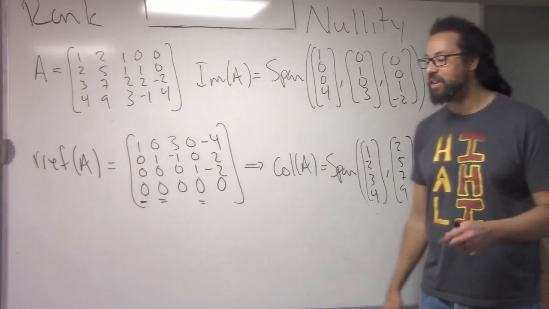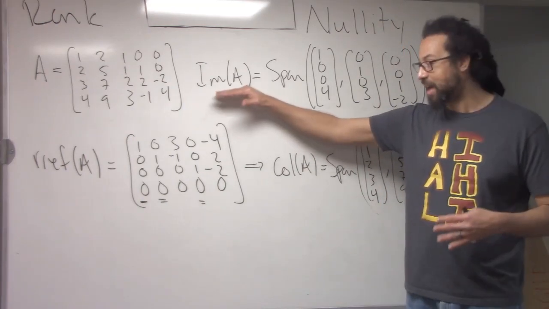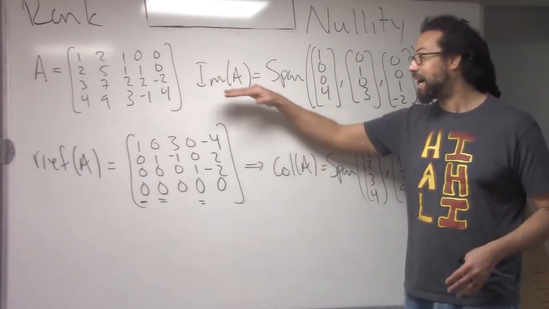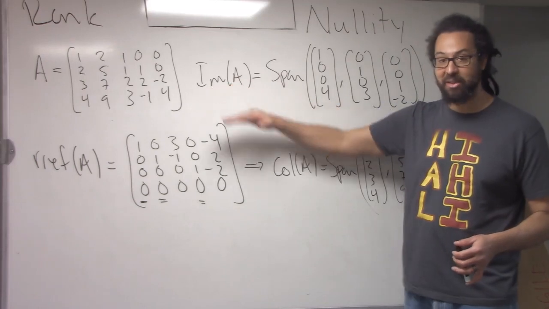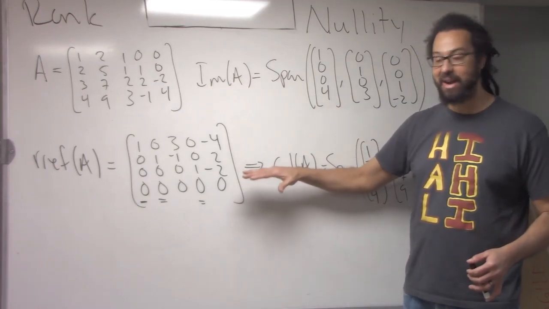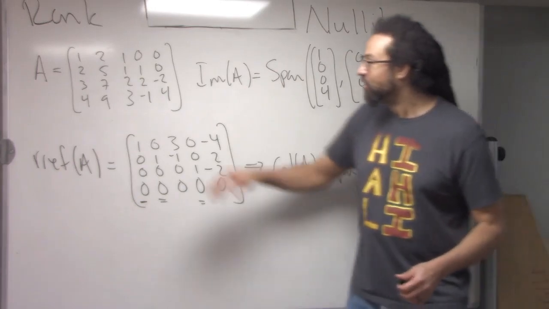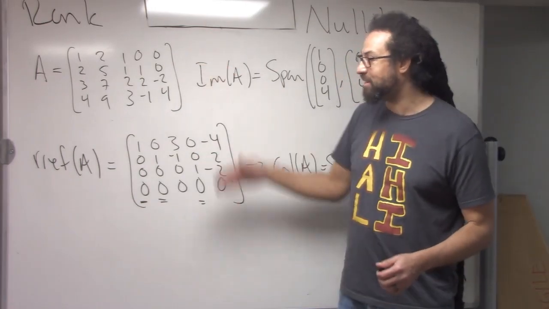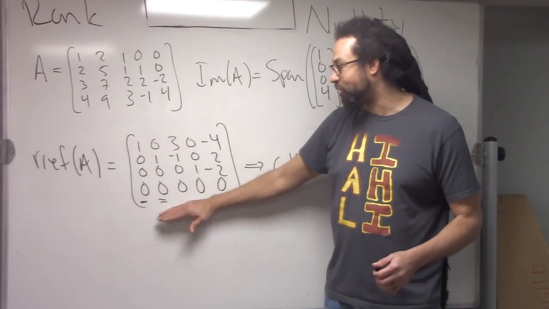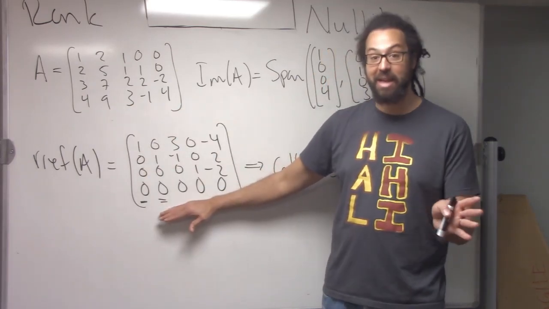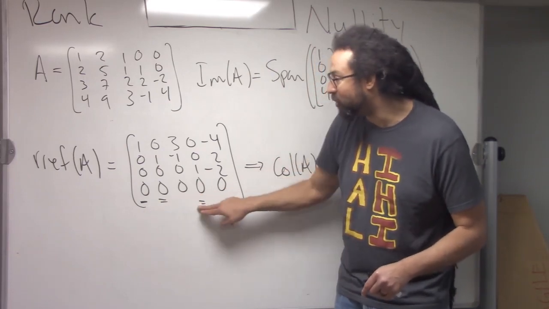So here's an easier way to find the image space. It's really just the column space. If we can find the column space, then we will have found the image space, only it's a much easier process to compute the column space. Instead of augmenting with a, b, c, and d, all you need to do is take this matrix, put it in reduced row echelon form without the a, b, c, d, and then pick out the pivot columns, so 1, 2, and 4.